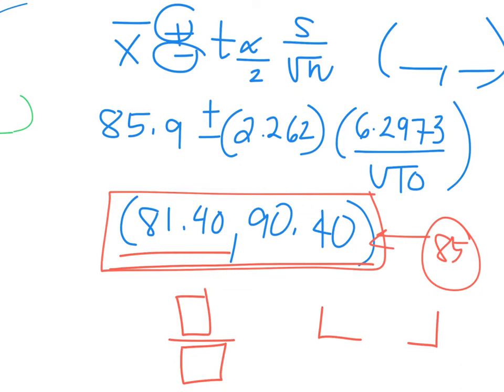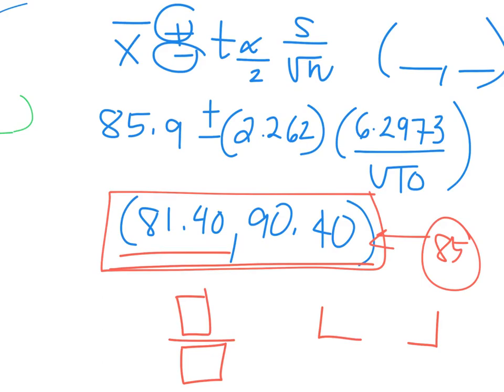Okay, that means 85 is a valid claim. 85 is a valid population mean score of the students. But when one says that the score 92 is the average score of the students, that claim is not valid under the confidence interval with confidence level 95% because it's already outside the confidence interval that we have created.